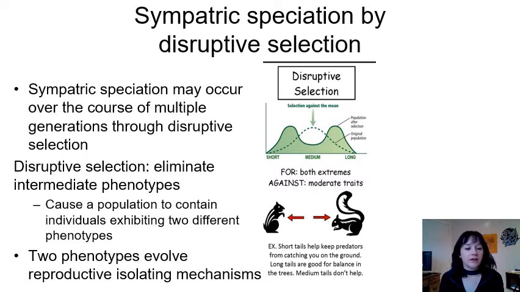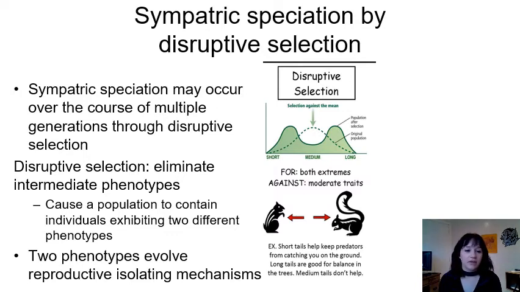So getting into this in a little bit more detail, this can be called disruptive selection, right? So over many generations, you can have a trait become different between two species over time.